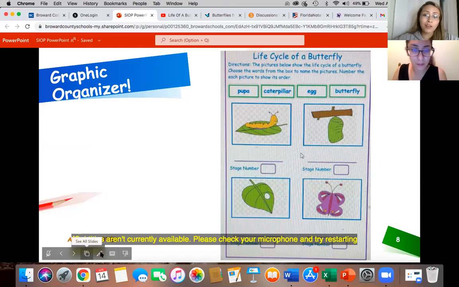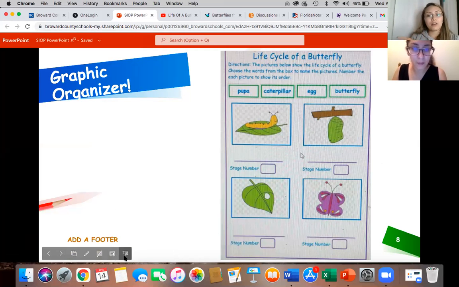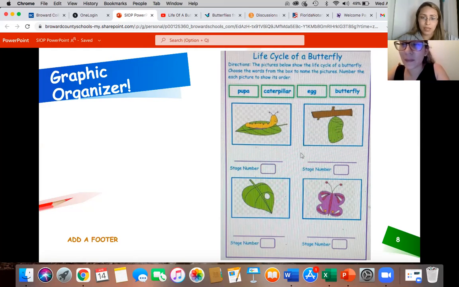Okay, class. So now that we're finished watching the fun video, and we watched the entire life cycle of a butterfly, we're going to go ahead and work together on the life cycle of a butterfly graphic organizer. We handed this out earlier today, so please take it out, make sure that you have your pencil, and let's get to work.